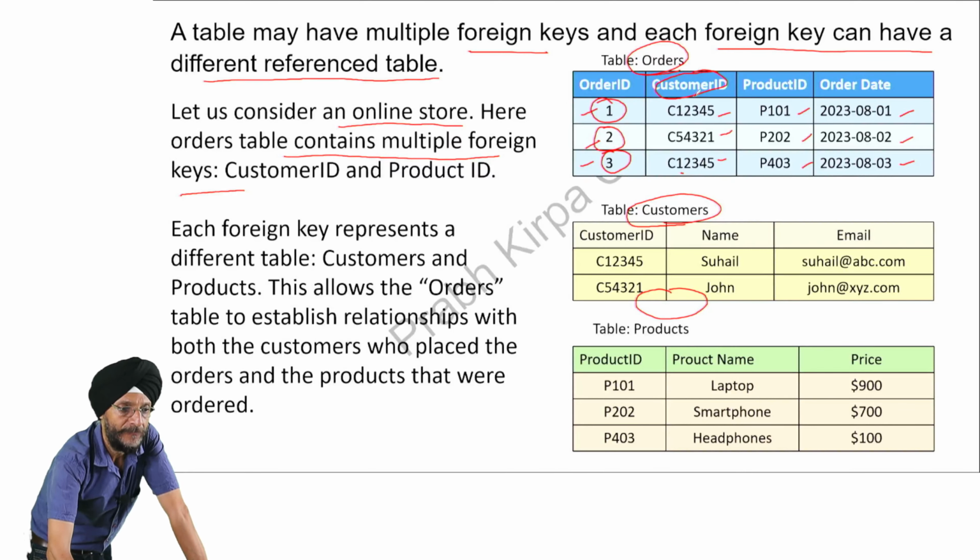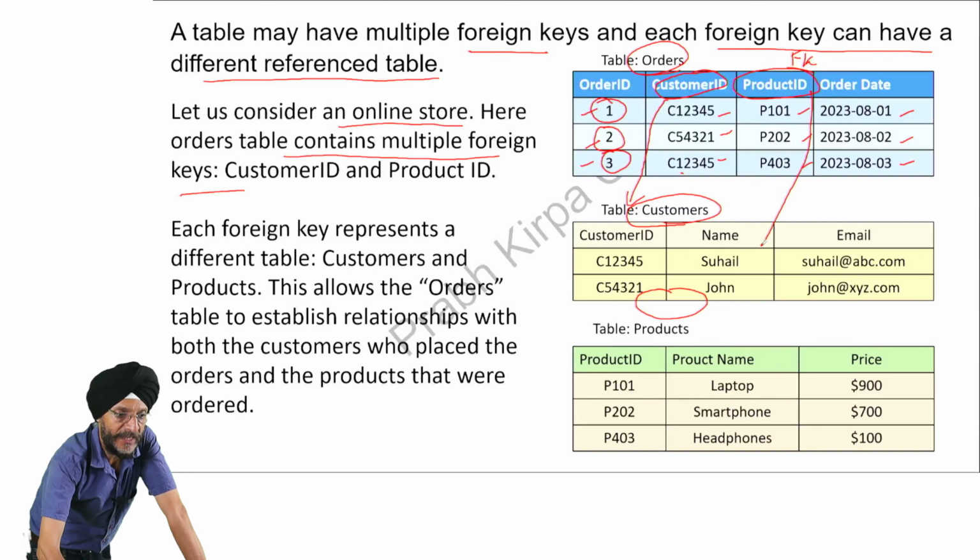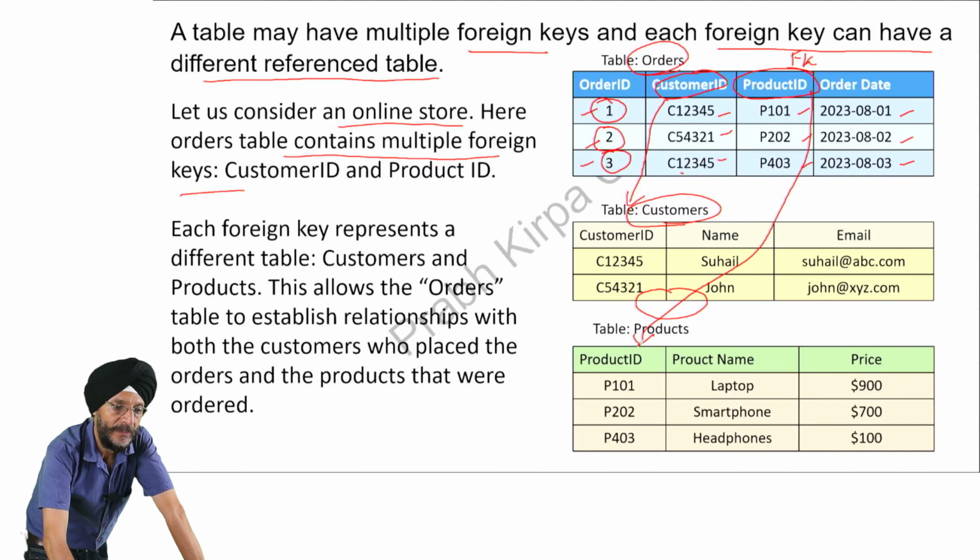It appears as primary key in another table, the customers table. Product ID, which is also a foreign key in the orders table, appears as primary key in the products table.